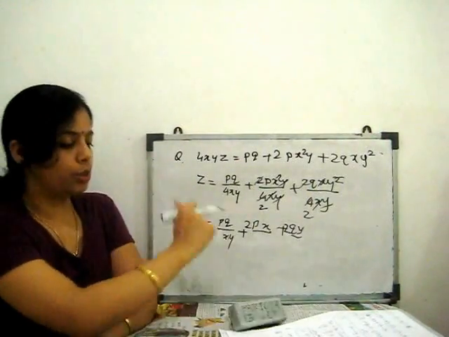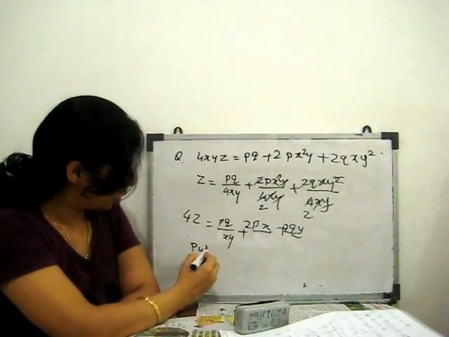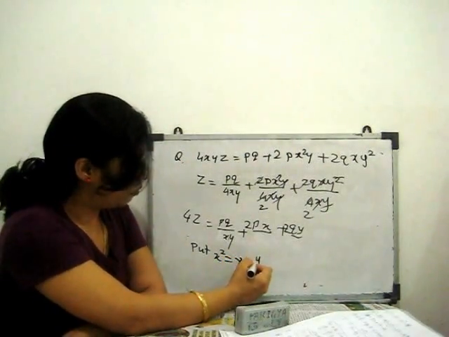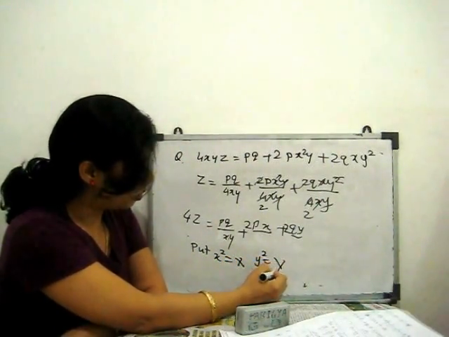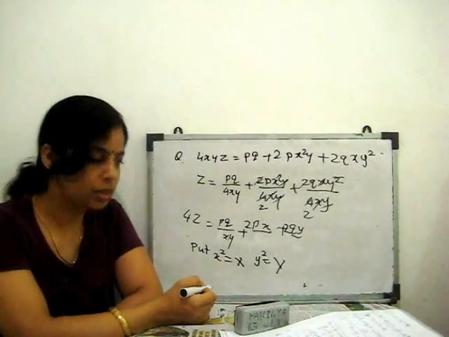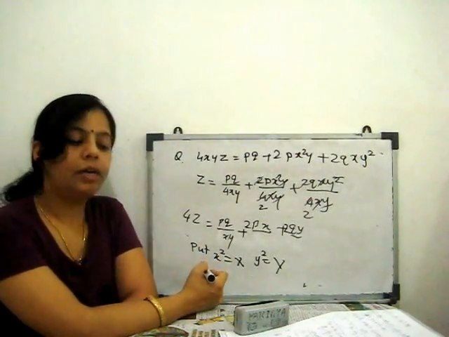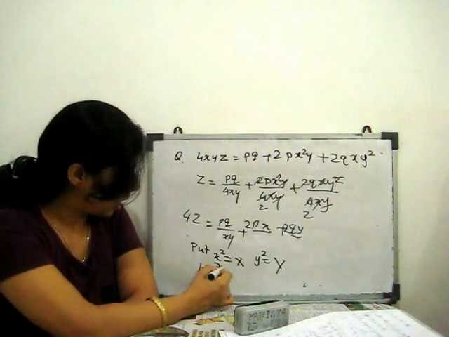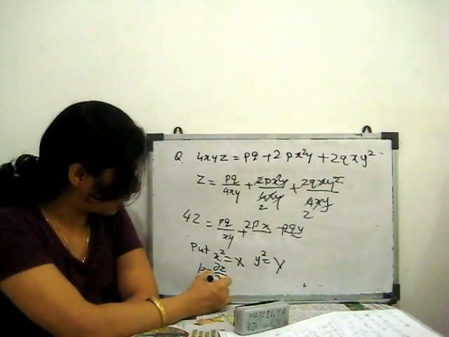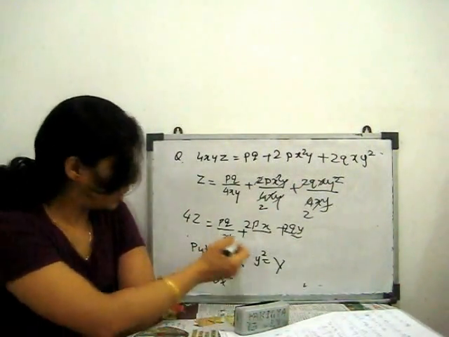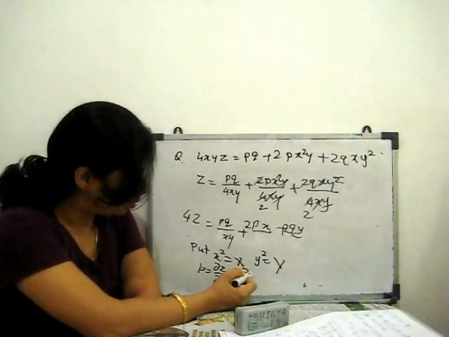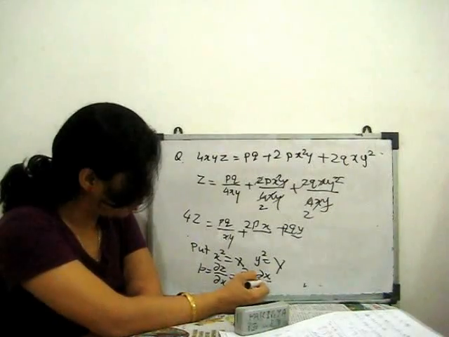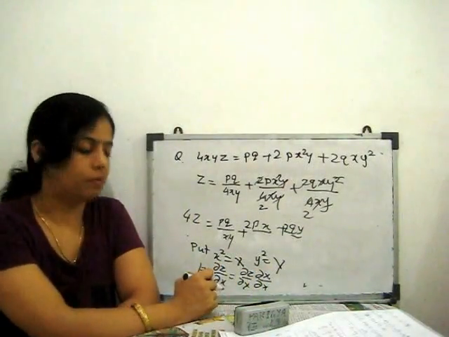Now I substitute x square equal to capital X, y square equal to capital Y. If I put this, what is small p? Small p is del z by del x. Correct? So I rewrite del z by del capital X times del capital X by del x, total differentiation.